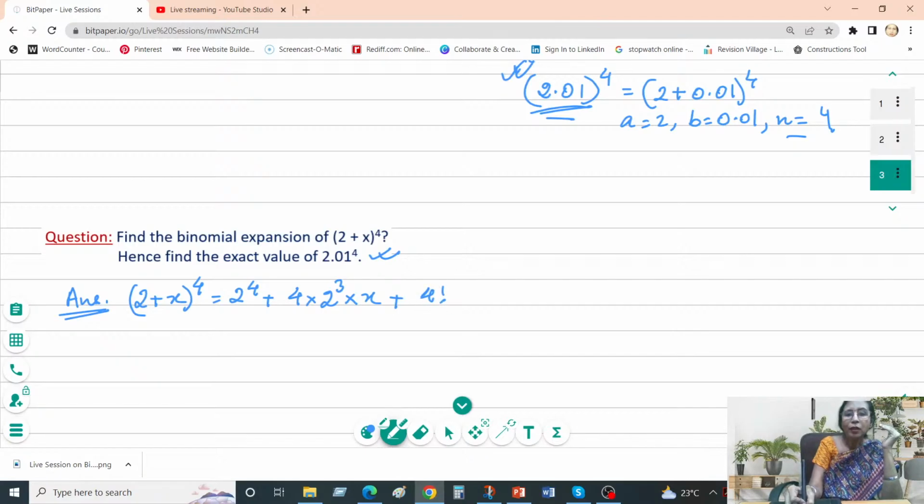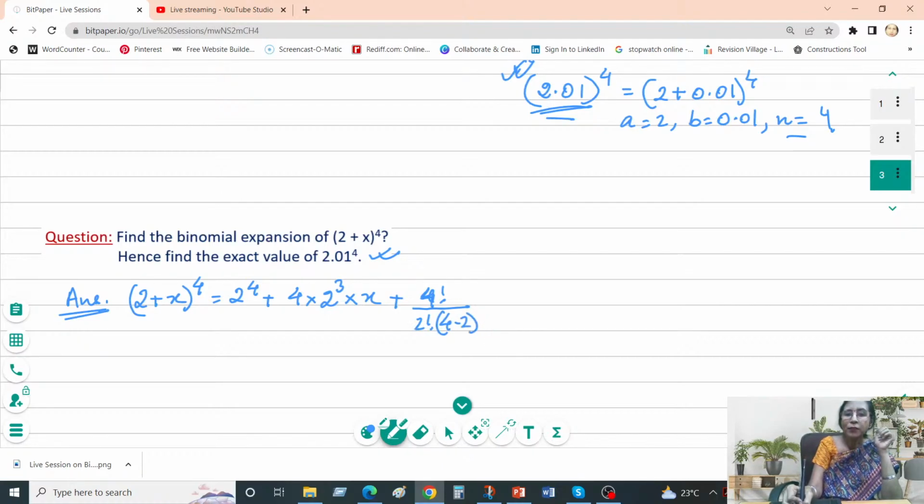Now, if you are not understanding this part, how is it 4c1, how is it 4c2, and I'm writing the formula of 4c2, I would definitely ask you to watch my previous video.